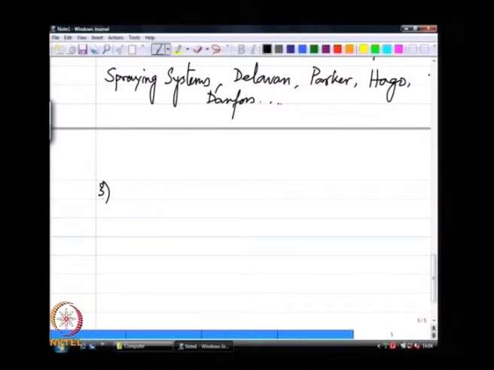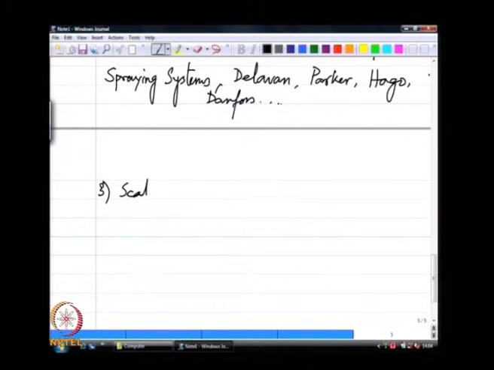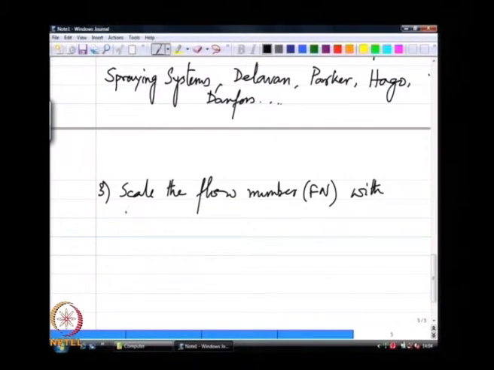But before you can go to the catalog, what you need is to scale the flow number with liquid viscosity.